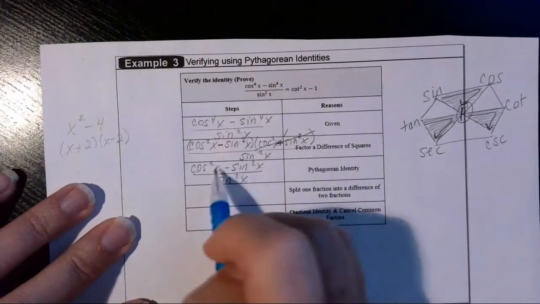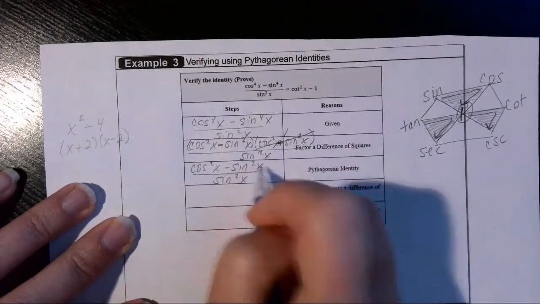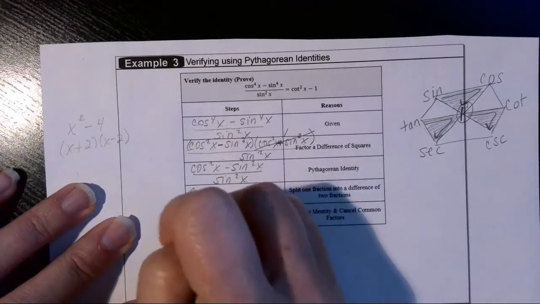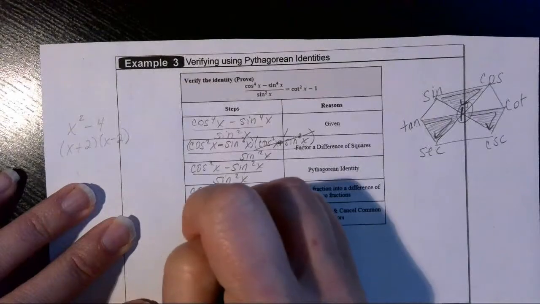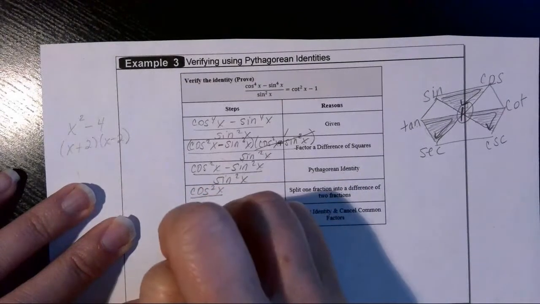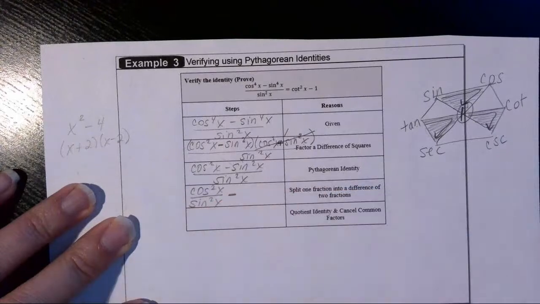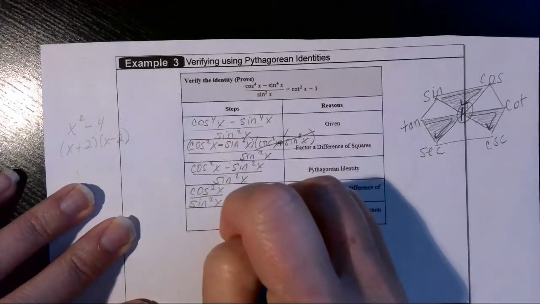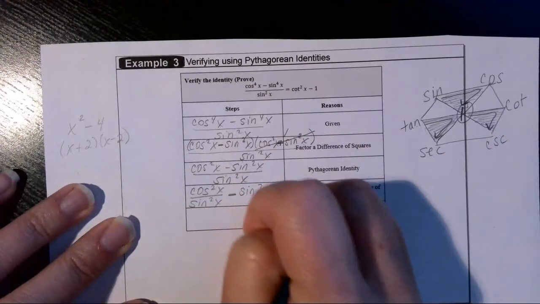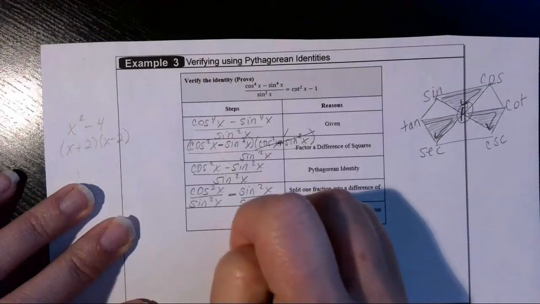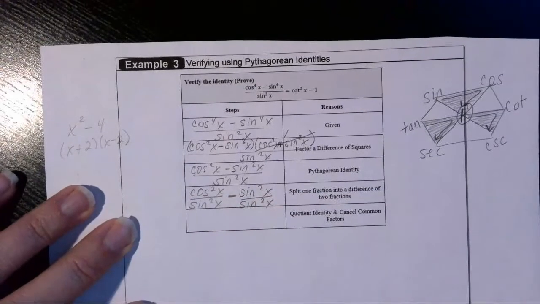So this binomial in the numerator here, we're going to split that apart and put it over that common denominator. So cosine squared of x is going to be divided by sine squared of x. Then that's a subtract, and the next term there is sine squared of x, and that gets divided by the same denominator, sine squared of x.